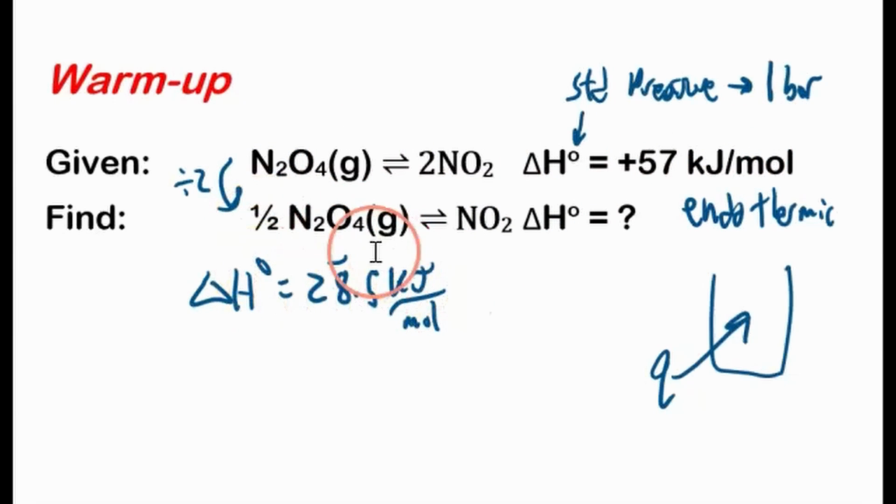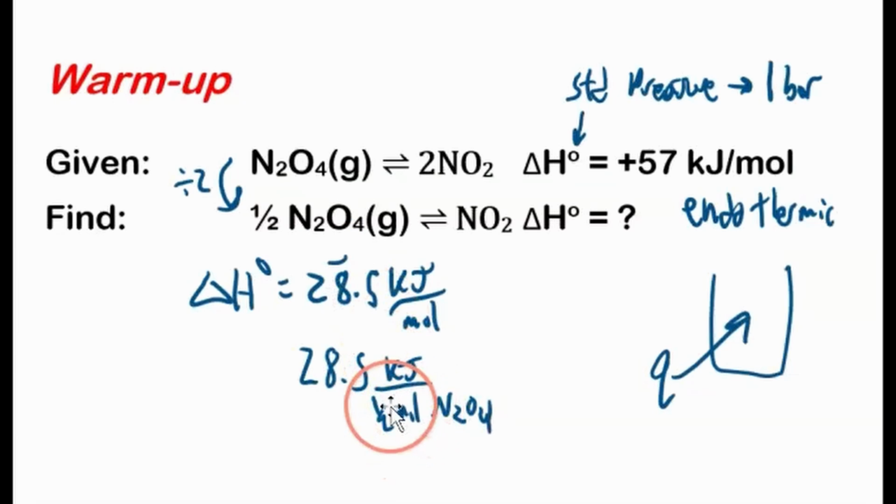So even though this is how many moles of this reaction occurs, it's really for half a mole of N2O4. So this isn't per mole of N2O4. This is per mole of the reaction, which is half a mole of N2O4. So it's technically 28.5 kilojoules per half a mole of N2O4.